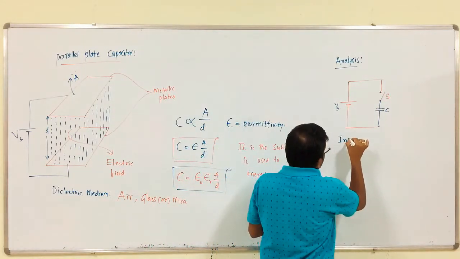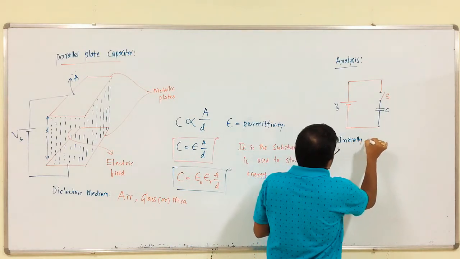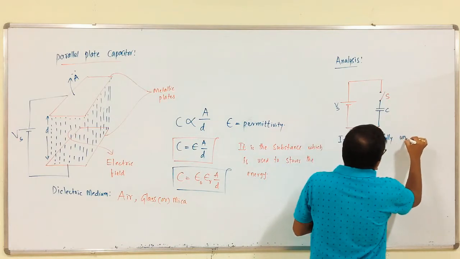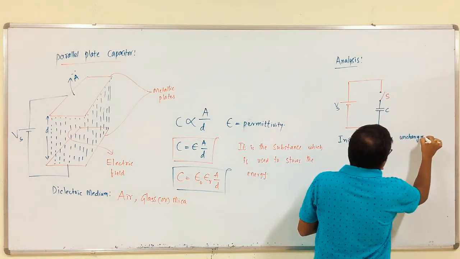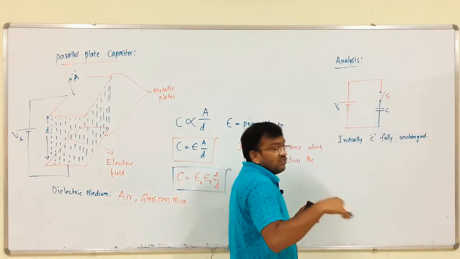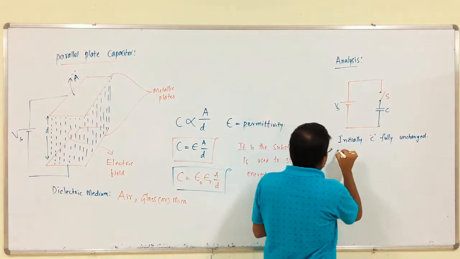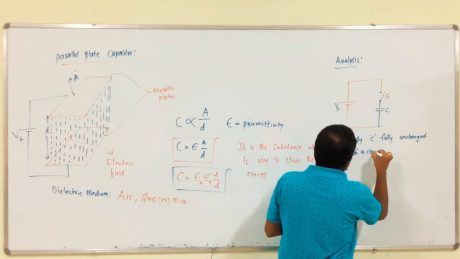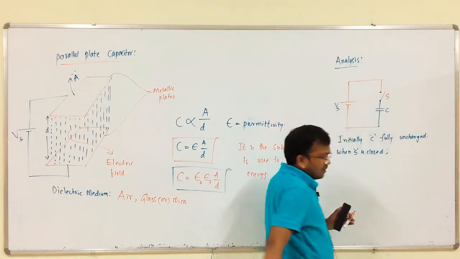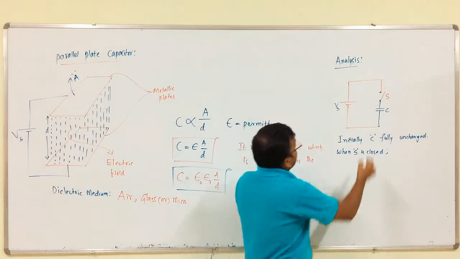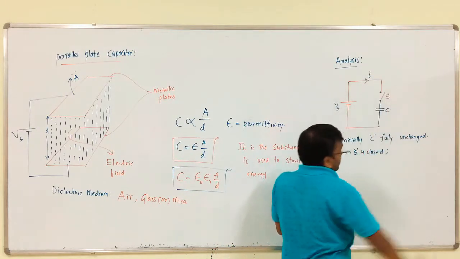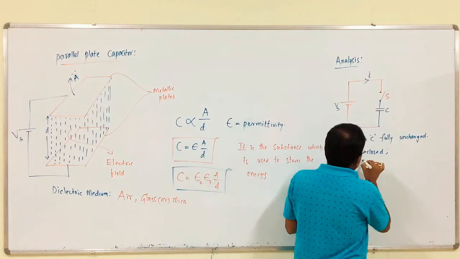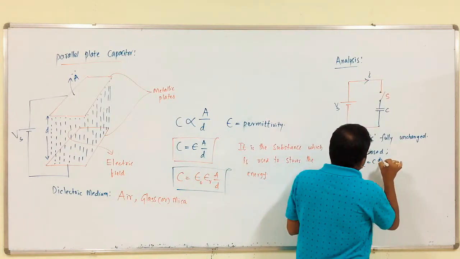Assume C is fully uncharged. When the switch is closed, there is a current. Because of that current, we have C dV by dt, right?